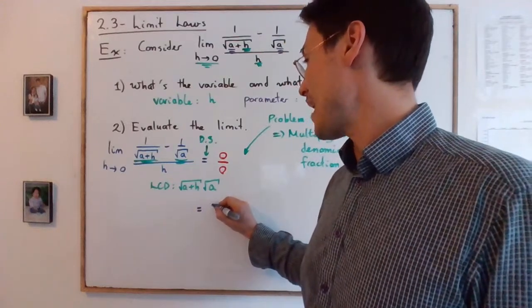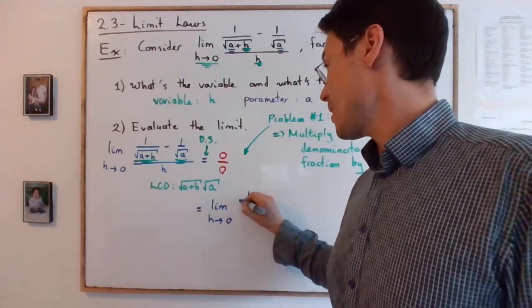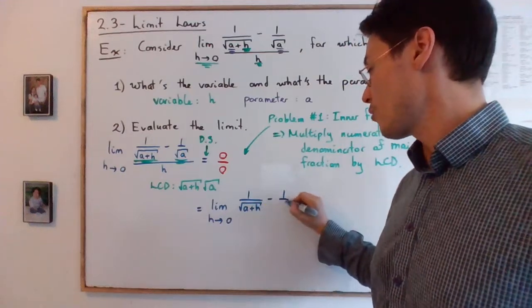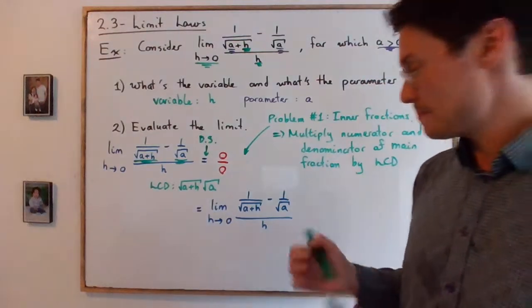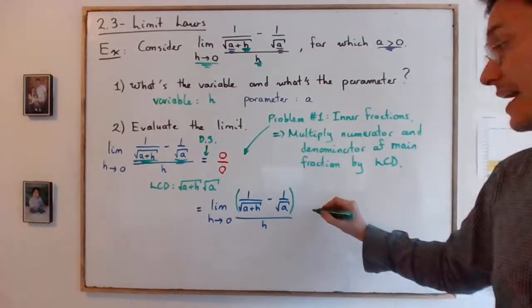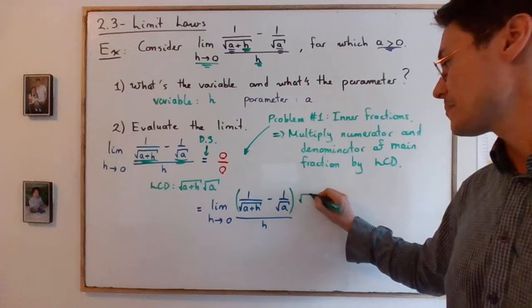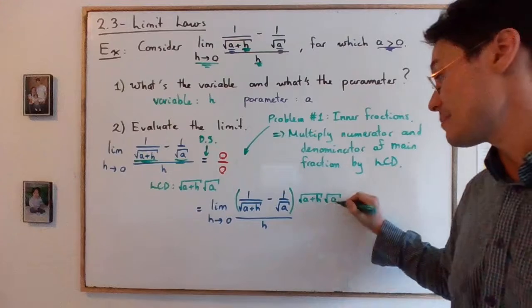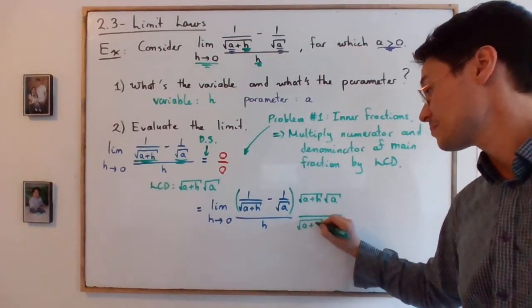This will be the same as the limit as h approaches 0. First I will rewrite the limit: 1 over square root of a plus h, minus 1 over square root of a, all of this divided by h. Don't forget there are implicit brackets, and you multiply by the square root of a plus h times the square root of a. But don't forget that you need to also multiply the denominator by this.